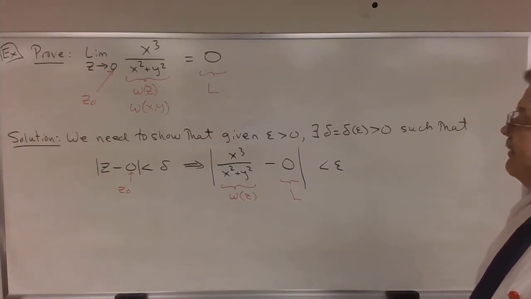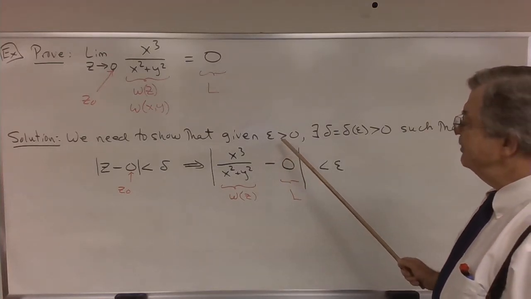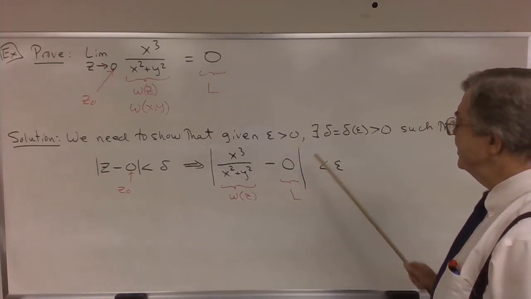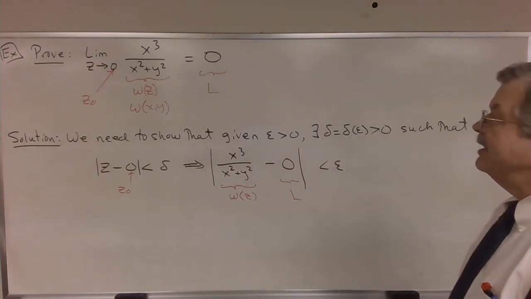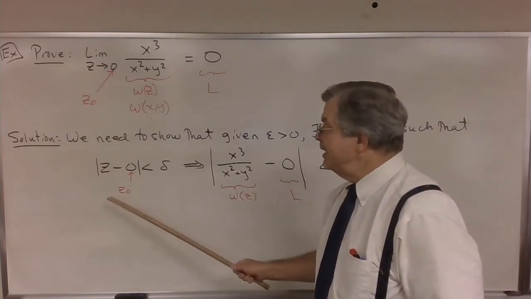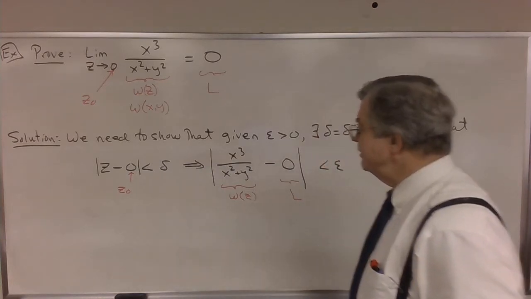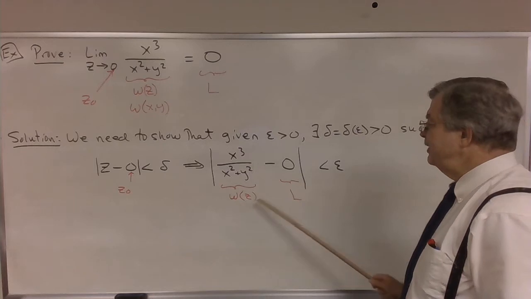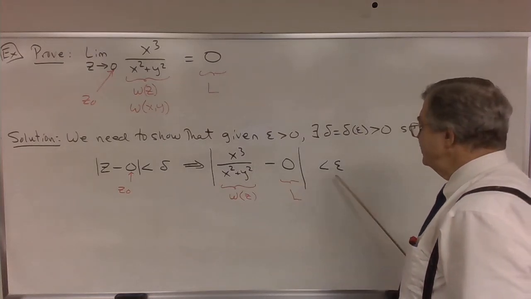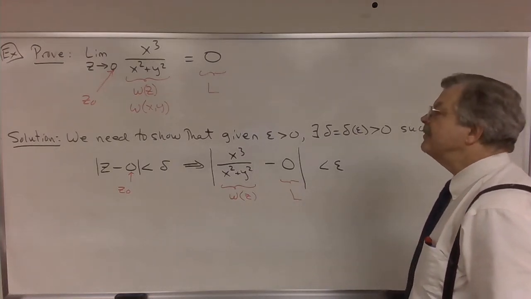And according to the definition of limit, we need to show that given epsilon greater than 0, there exists a delta greater than 0, such that the absolute value of z minus z naught less than delta implies that the absolute value of w of z minus the limit is less than epsilon.